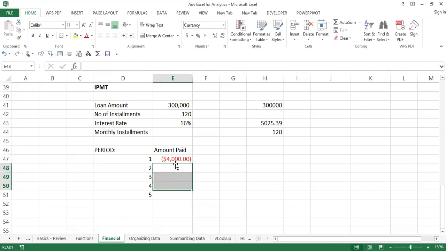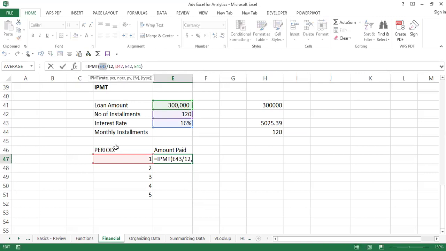It didn't stay properly. Let's go and check it again. The dollar sign is not showing. That first one is rate, right? Yes. The second one is period. The third one is number of periods. The third one needs a dollar sign. It needs to be absolute because it must be fixed at one spot.